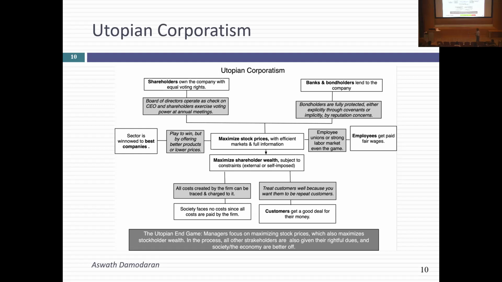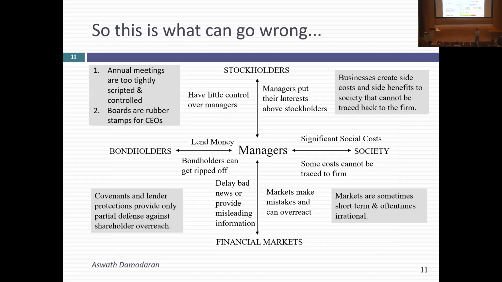So let's talk about what can go wrong. Really, what I should say is, let's talk about what cannot go wrong, because everything that can go wrong in this utopian world will. Let's take each of the links. I'm going to start by presenting you with evidence that those two mechanisms I told you shareholders have to keep control over managers, the annual meeting and the board of directors, neither works that well.